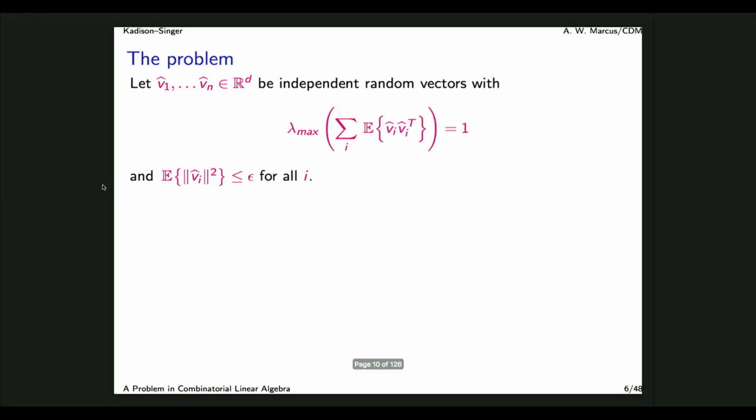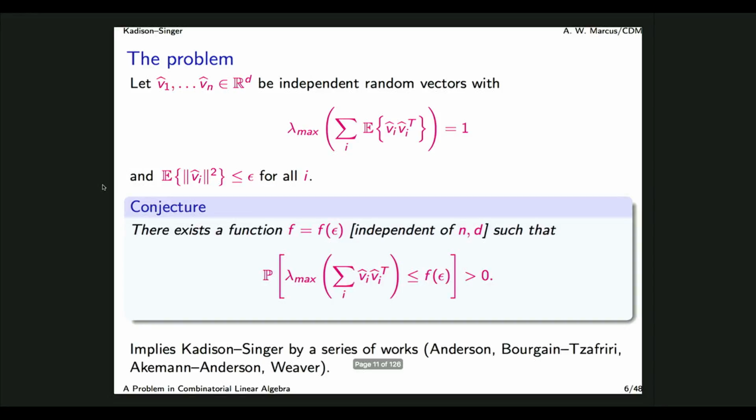So the problem I'm interested in is this: given v1 through vn, independent random vectors in d-dimensional space, such that the largest eigenvalue of the sum of their expected outer products is 1, and let's say that all of the vectors are small.